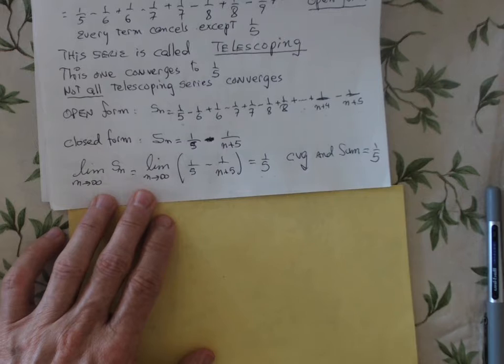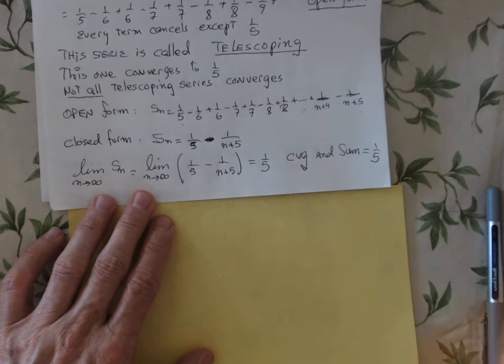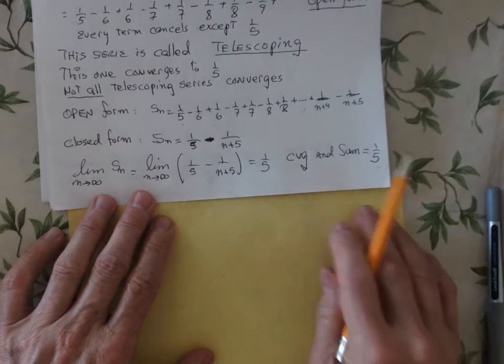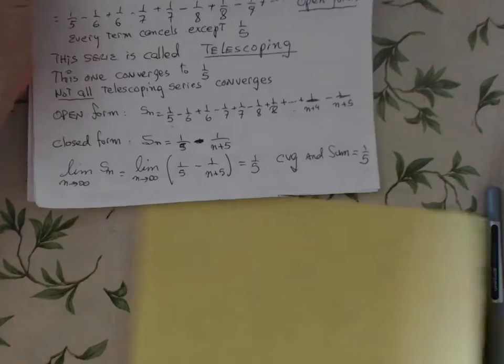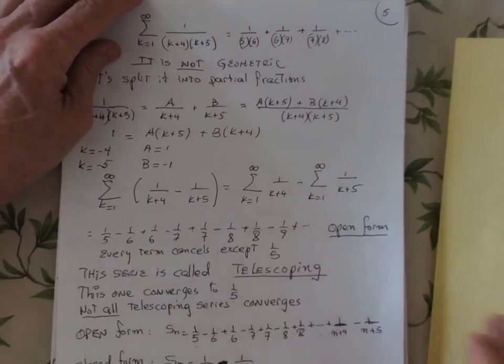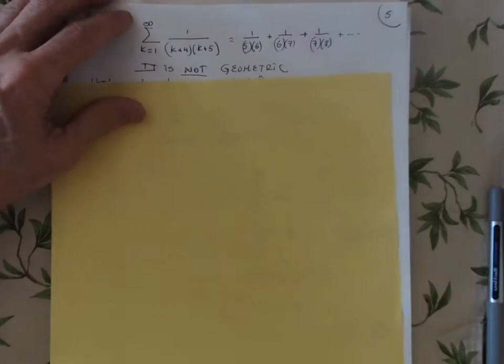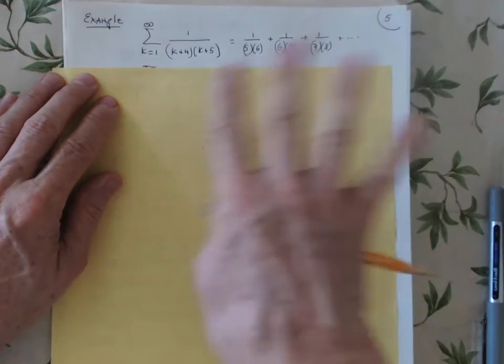So the sum is 1/5. You see? Not only does it converge, but the sum is 1/5. This is called telescoping. So generally, most of the time, when you solve a telescoping series, it's gonna be in a form something like this. It could be 3 or 4 factors, but usually you put 2.